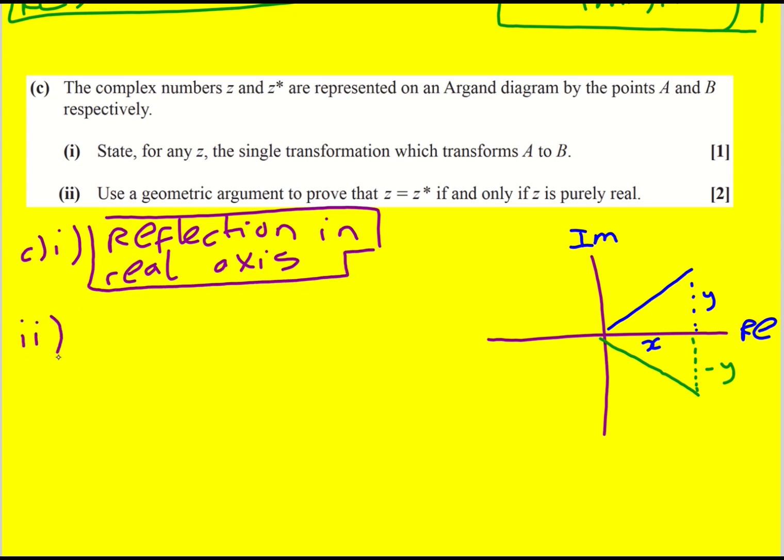So now for this final part, another if and only if argument to make, but now geometrically. So I'm going to go this way.